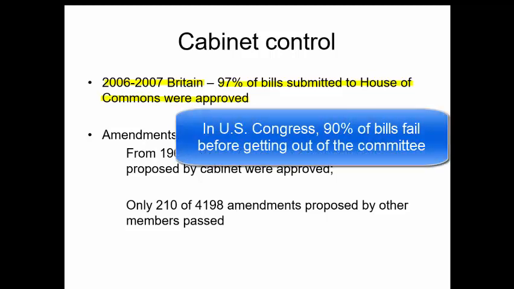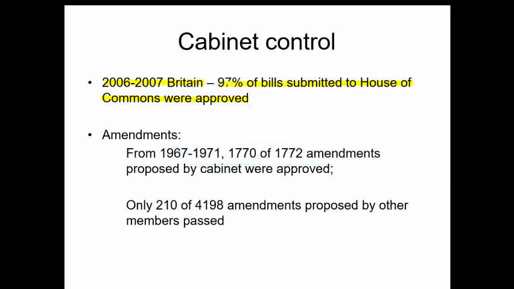So as you can see right here, the cabinet is controlling legislation, and literally they're not even going to propose a bill if it's not going to get approved, virtually. So they're making policy and approving it as they're making it, so to speak. Looking at the number of amendments that are added to the bills, in this particular count, it's virtually almost 100%.